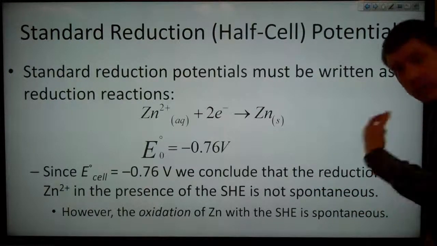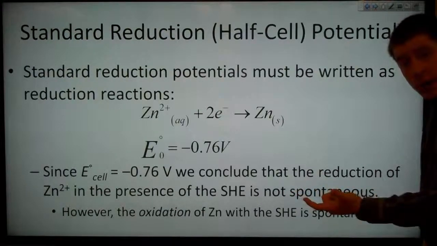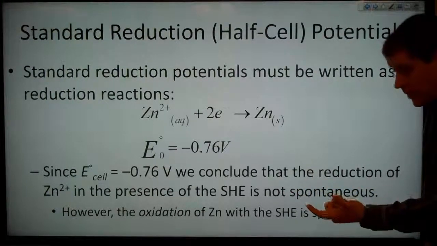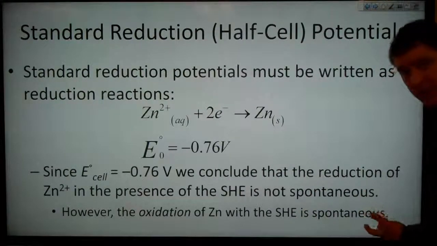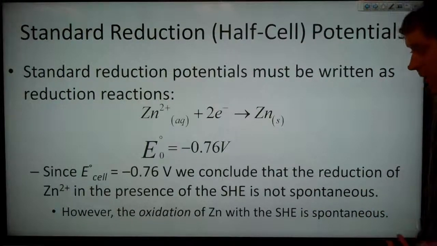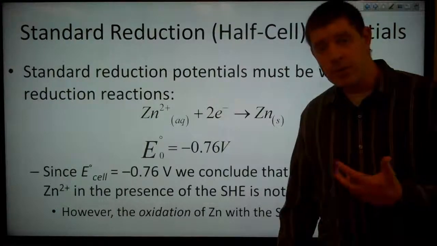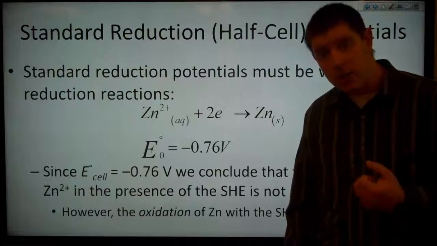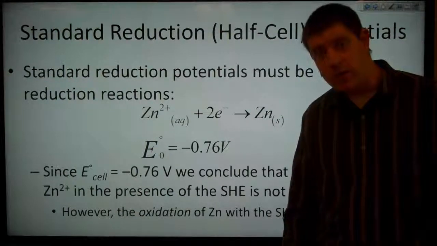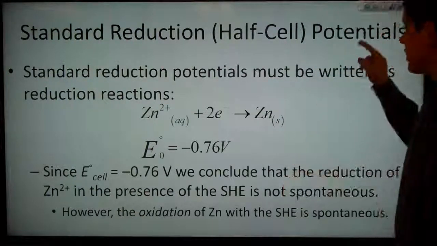In fact, the reverse reaction will be spontaneous. So the oxidation of zinc with the standard hydrogen electrode will be spontaneous. And again, this makes sense because hydrogen ought to be able to take electrons away from zinc, because zinc is a metal, it's got a lower electronegativity than hydrogen does, so hydrogen ought to be able to steal the electrons.